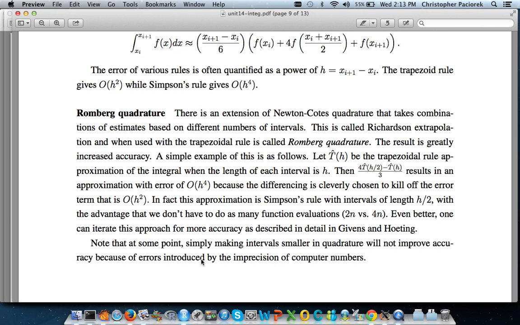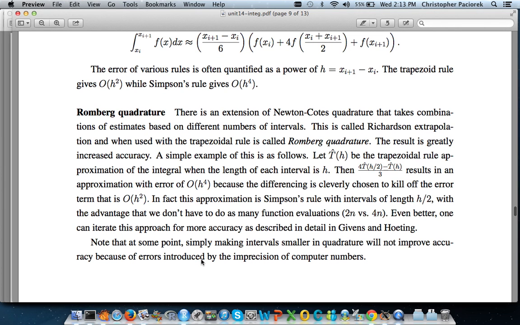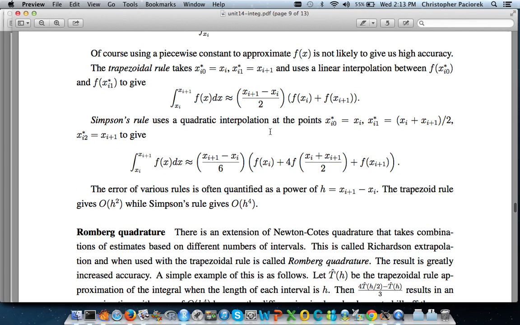Romberg quadrature, which is also known as Richardson extrapolation, or a special case of Richardson extrapolation, is basically using some of these basic ideas, like from the trapezoidal rule, but in a clever way to get more accuracy with fewer calculations.